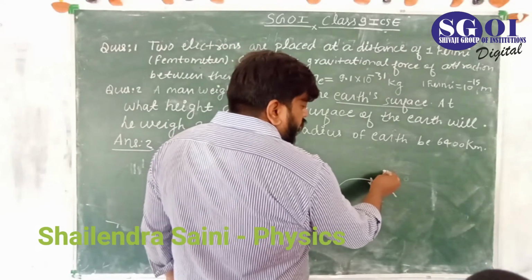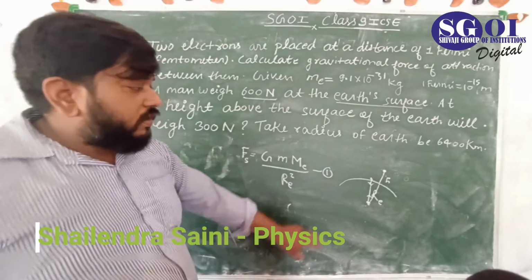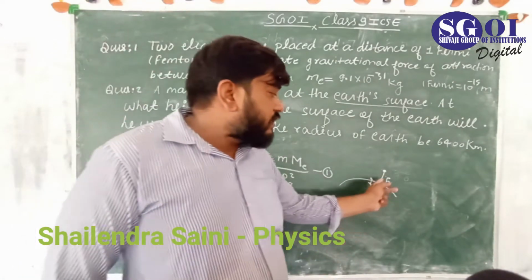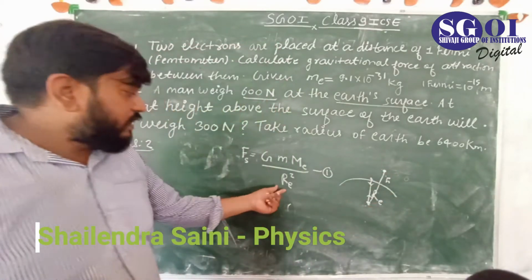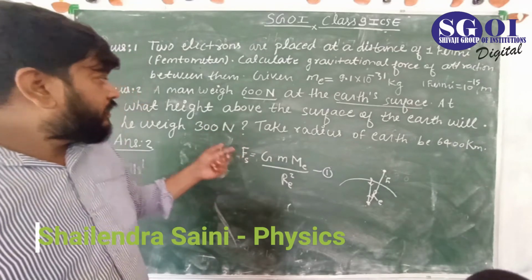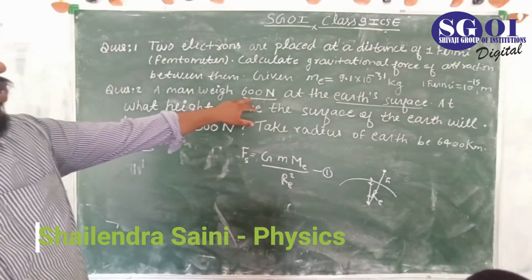The distance between you and the center of the Earth is now Re plus h. As the distance increases, the weight, the force on you, decreases. That's why it becomes 300 from 600.